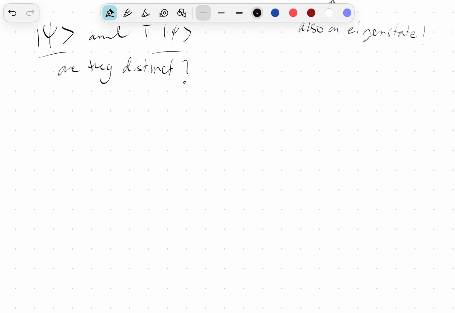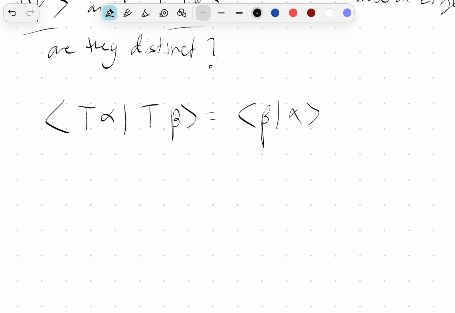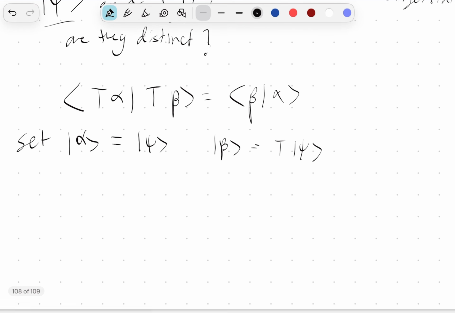using anti-unitarity. So if we take, let's say, the state T alpha and the state T beta to be equivalent to the inner product of beta and alpha for the overlap, what we can do is set alpha to be equivalent to psi and set beta to be equal to T acting on psi.